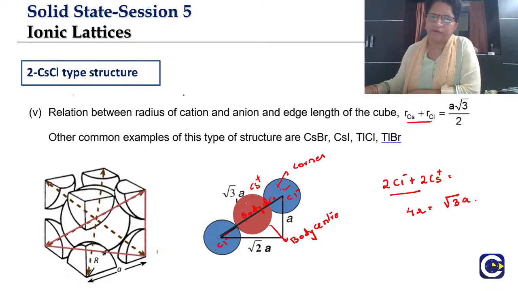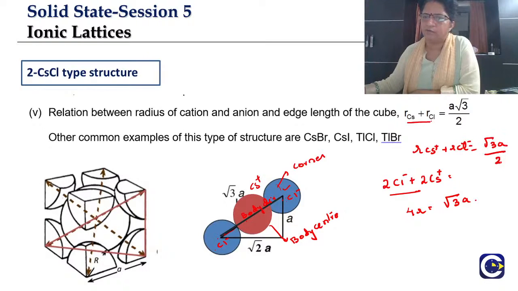But here, if I take the radius, I will take the radius of the cesium ion plus the radius of the chloride ion, which is equal to root 3a by 2. I am talking about an edge length here. So the radius of the cation plus the radius of the chloride ion is equal to root 3a by 2, because this 4r is nothing but 2 radii of cations and 2 radii of anions.